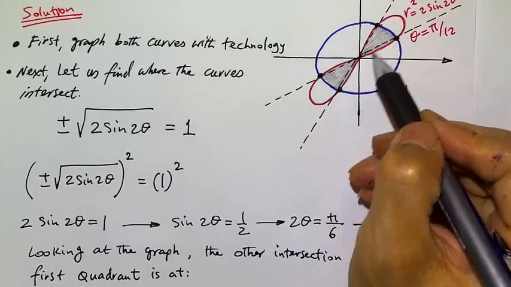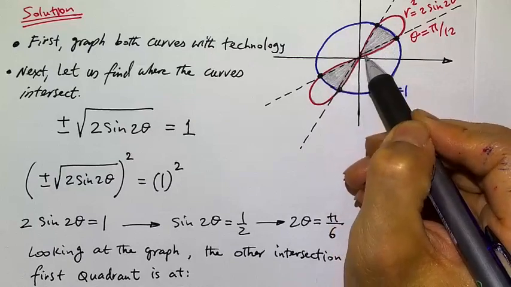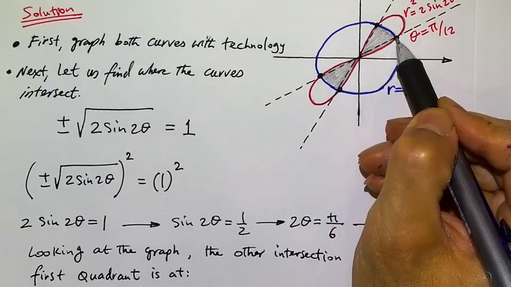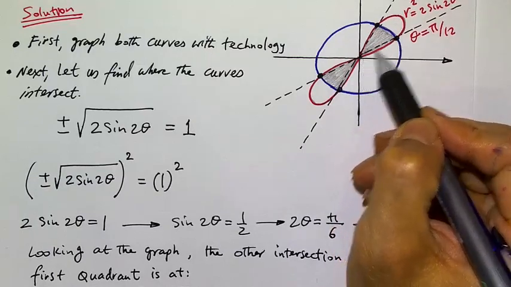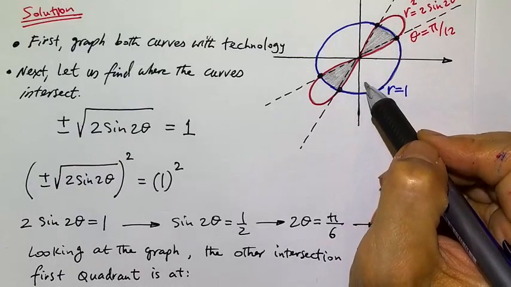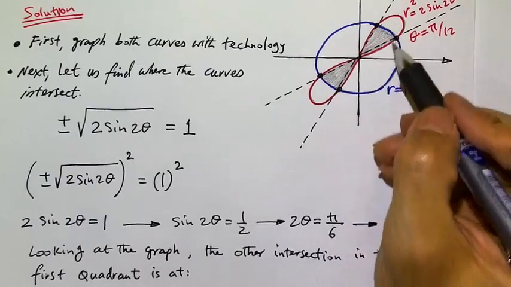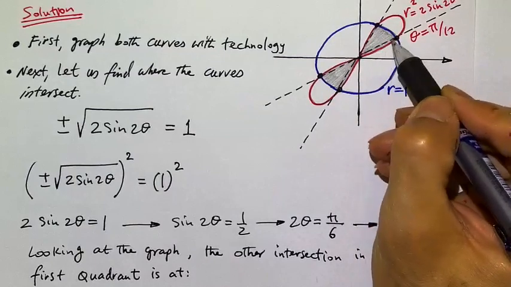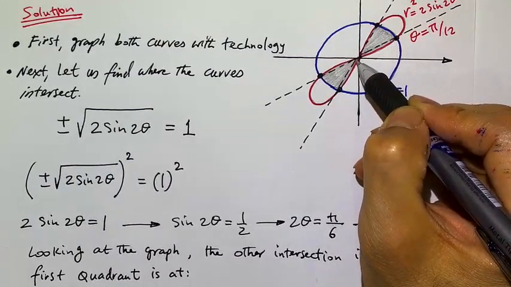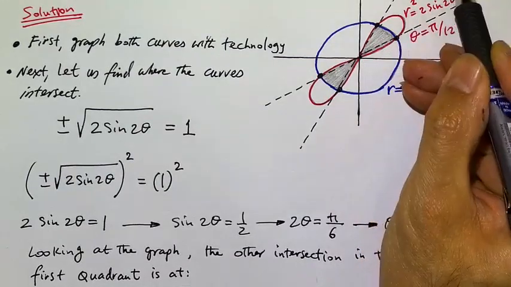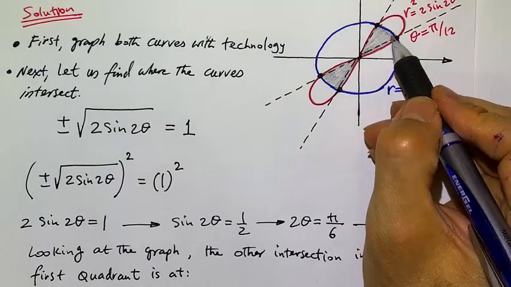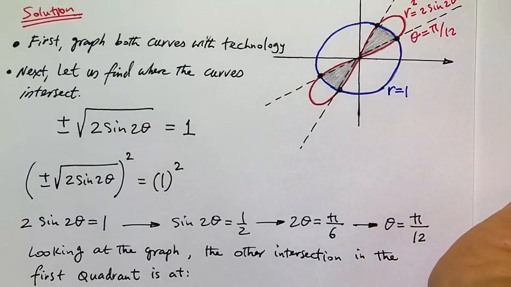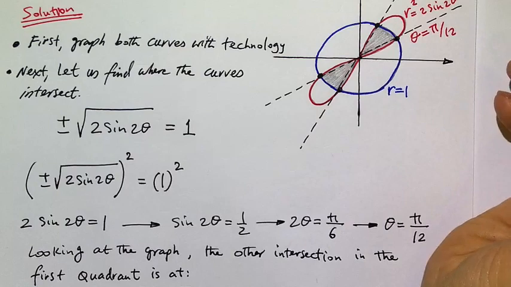So we have 4 such pieces from the integral from theta equals 0 to theta equals pi over 12.